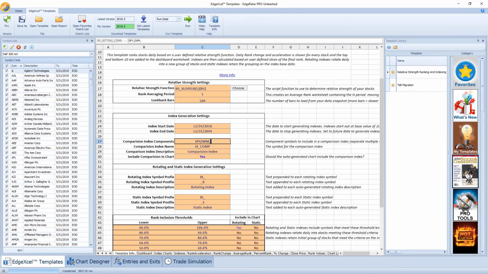Now, if you are subscribed to EdgeRater Templates and Data, then if the symbol is not in your current symbol list, then it's going to go to the master EdgeRater database to get the symbol. So it doesn't have to be in your symbol list. If you are not subscribed to EdgeRater data, then it has to be in your symbol list. That's the only place it's going to know to get the data. Good question. Thank you.